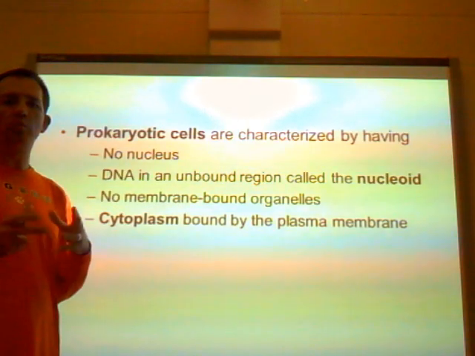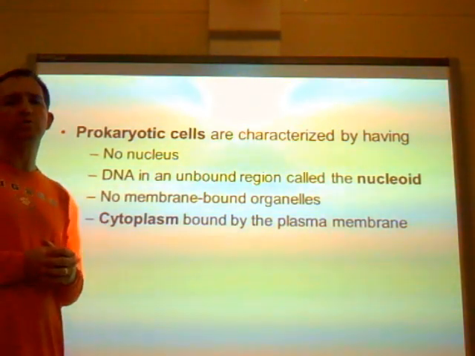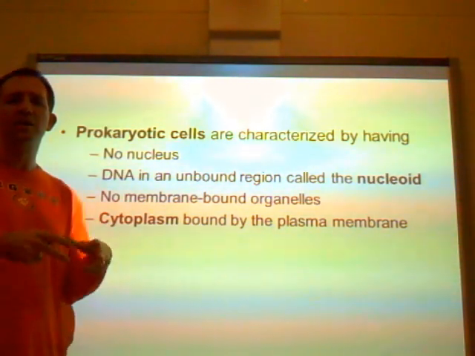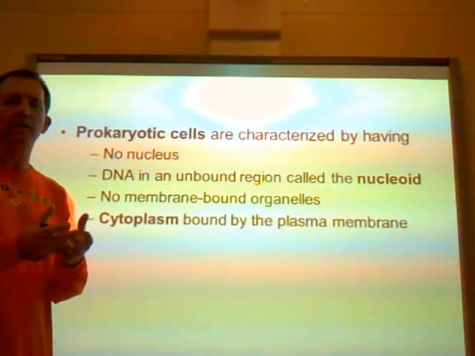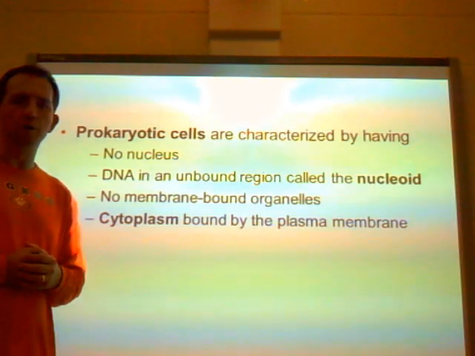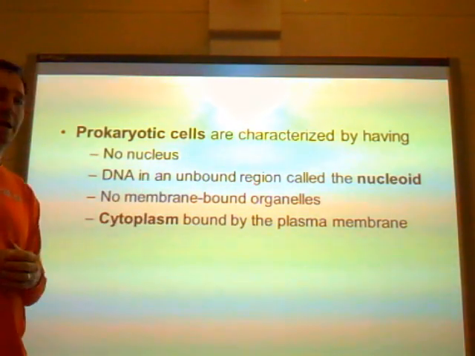Now, a nucleoid would be similar to the nucleus in a eukaryotic cell, with the exception that it is unbound. There is no membrane surrounding it. Therefore, we do not call it a nucleus. There are no membrane-bound organelles.